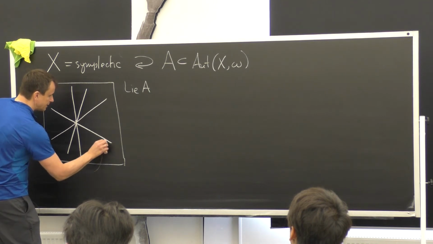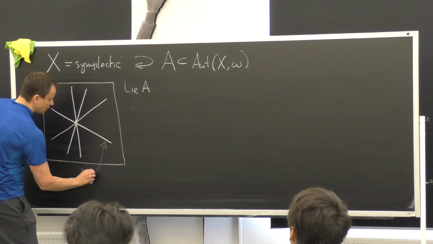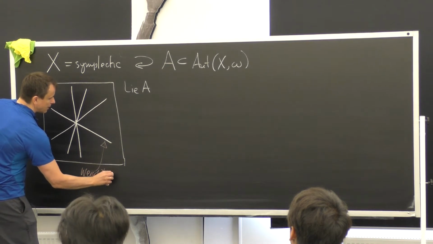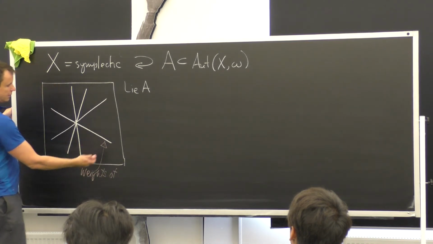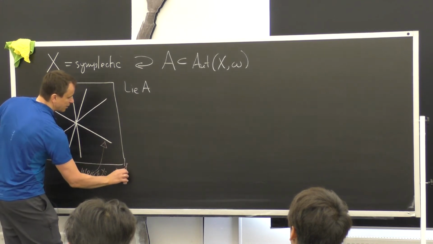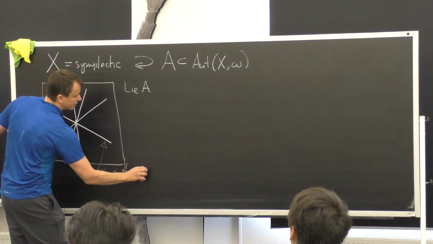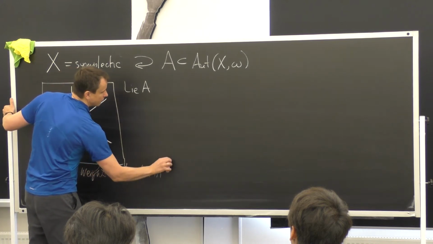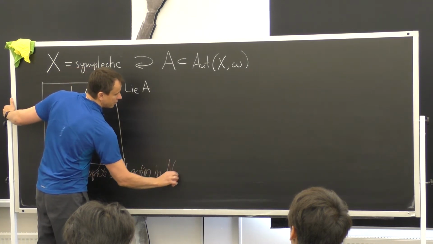Their equations are the weights of the A action in the normal bundle to the fixed locus.